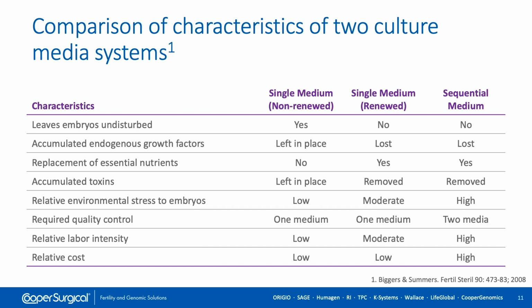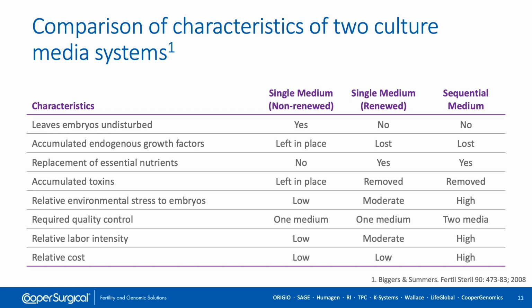And this table just gives a comparison of the characteristics of these different systems. So as you can see here that if we use single media undisturbed, we have the potential to accumulate any endogenous growth factors that might be present in the media throughout the embryo's development. But we don't replace any of the nutrients, which we do if we renew single-step media or use sequential media.